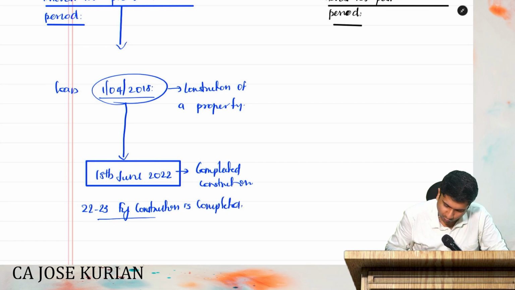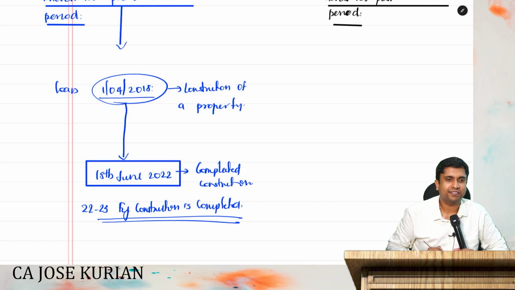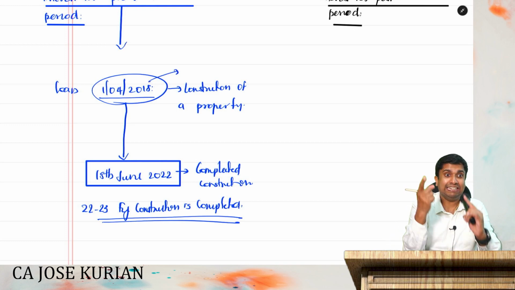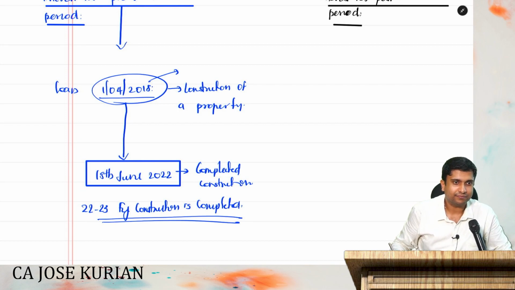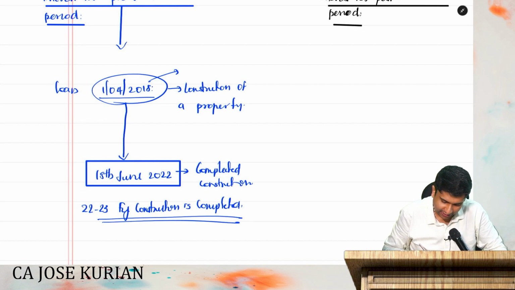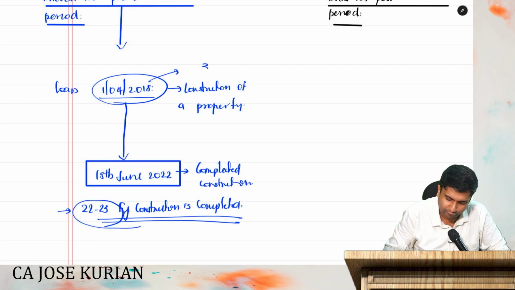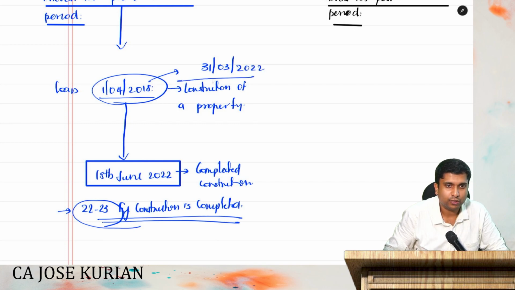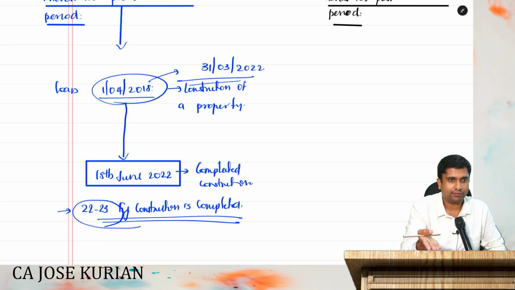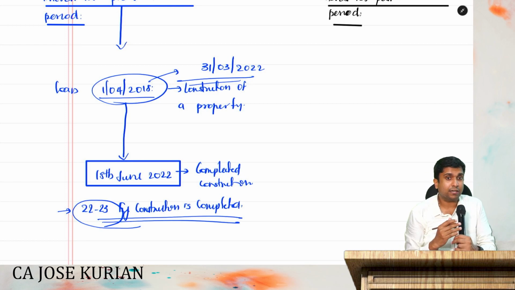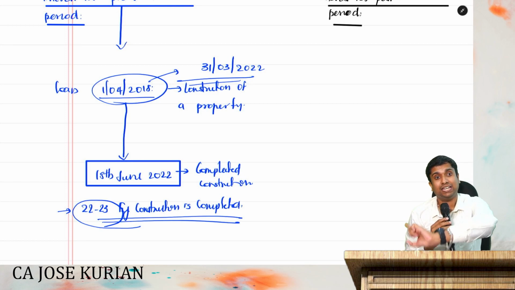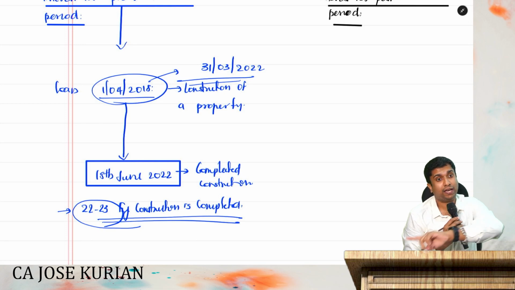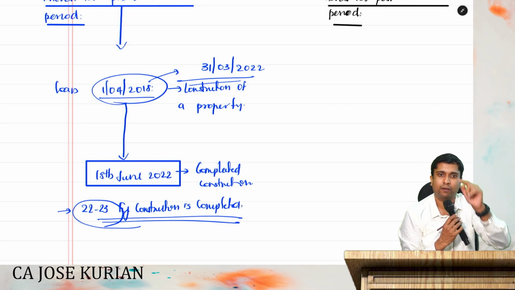Now you tell me, what will be the pre-construction period? From 1st April 2018 till the year of construction. The year of completion of construction is 22-23, so pre-construction will end with 31st March 2022, because 22-23 is already completed. So the pre-construction period will always end with the 31st March of the year preceding the year of completion.